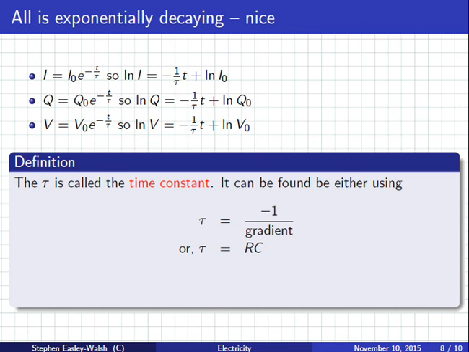What I'm trying to get you to see is that if I use log I and if I use time, that's the reason I get a straight line, because the form here is the same as the form here, where y is like log I and x is like the t. So now you can see that the slope, what should that equal? Minus 1 over tau.